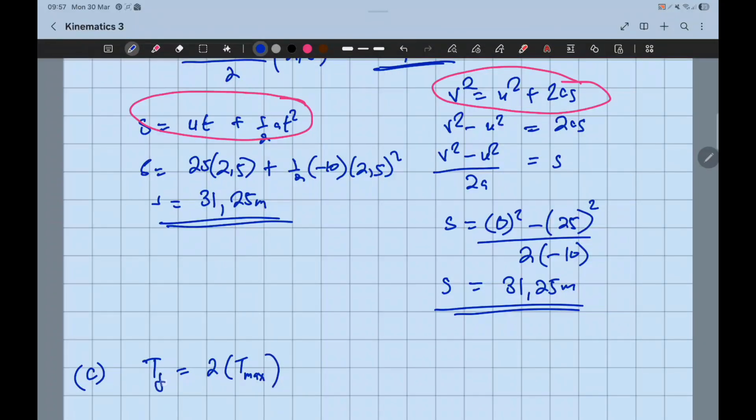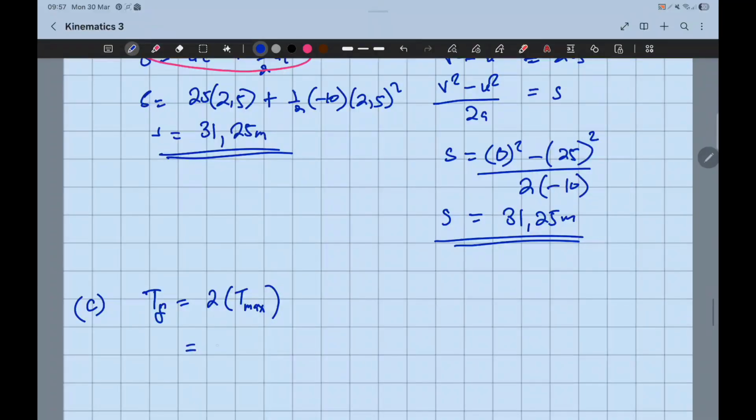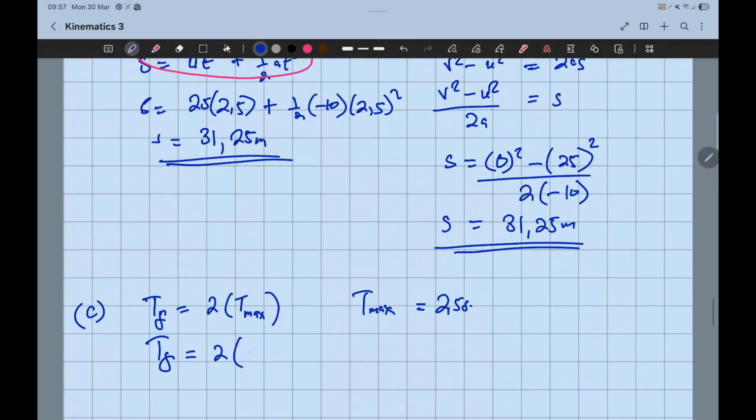Total time of flight TF is equal to 2 times the time taken to the greatest height. The time taken to the greatest height we have is 2.5 seconds. So T max is 2.5 seconds, and 2 times 2.5 is equal to 5 seconds.